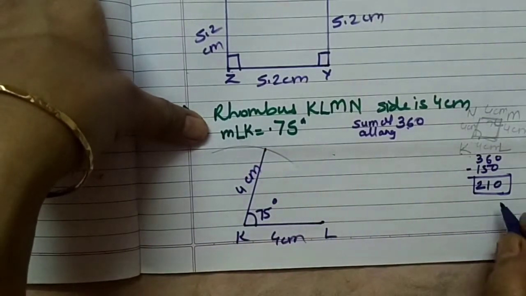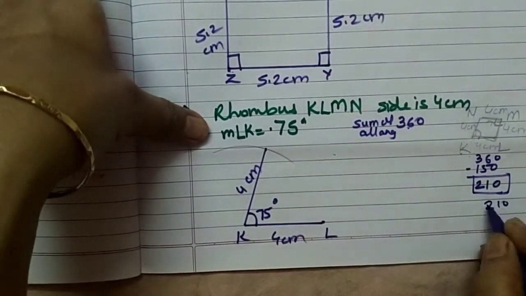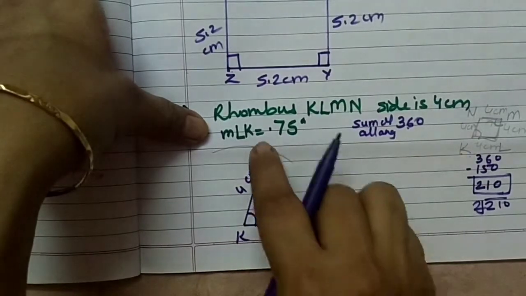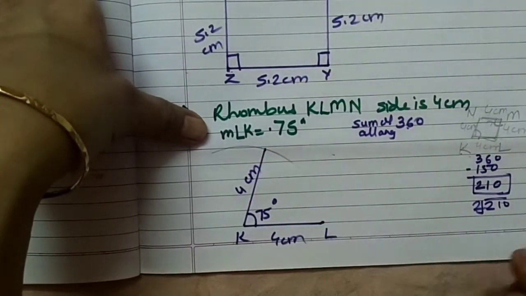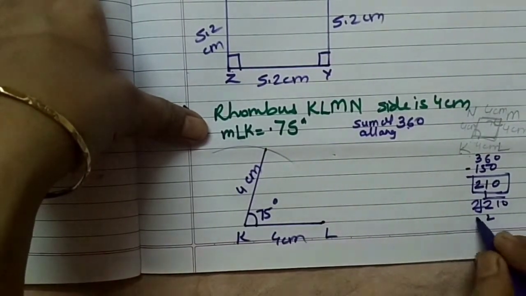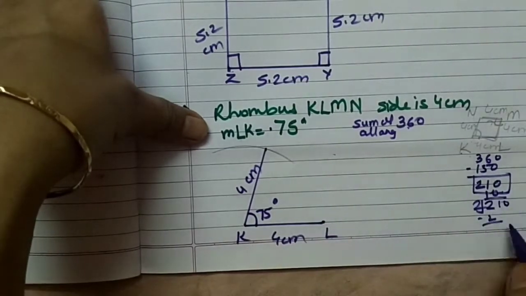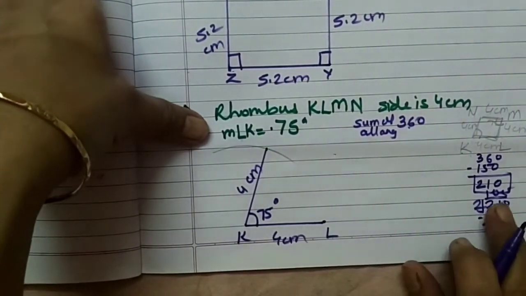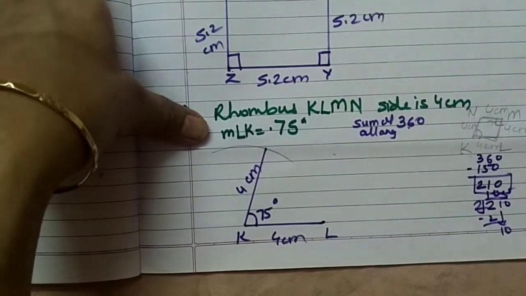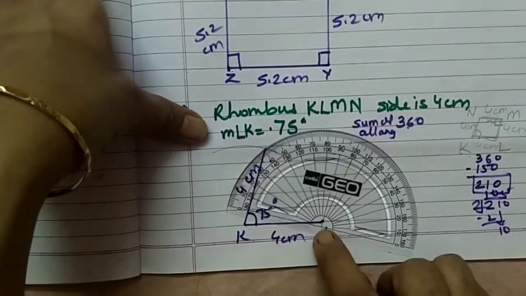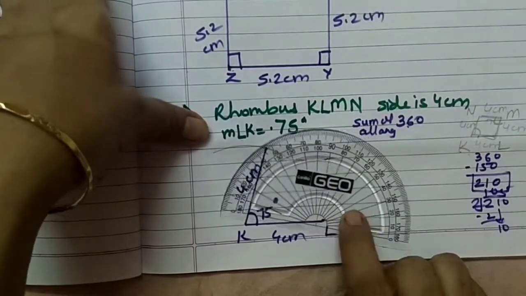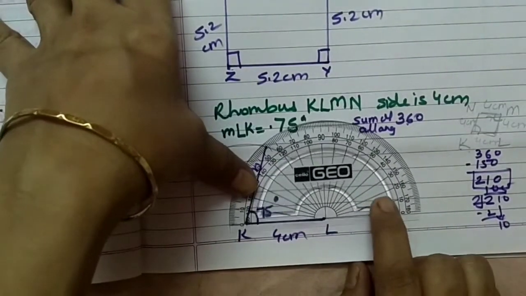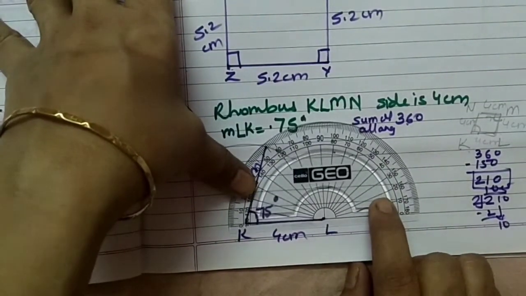So one angle will be 210 divided by 2, isn't it? One angle will be 105. So my angle at L should be 105.